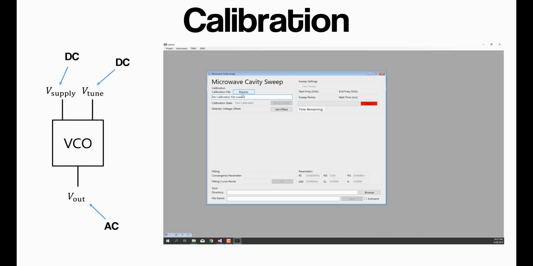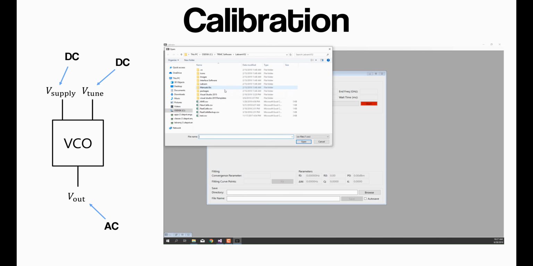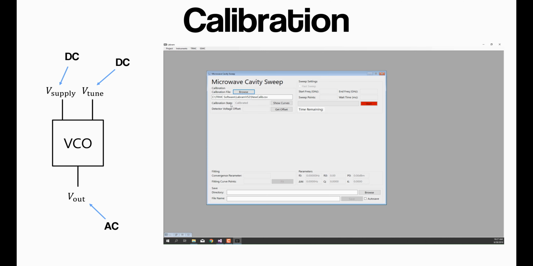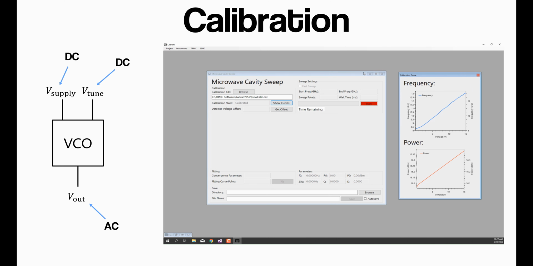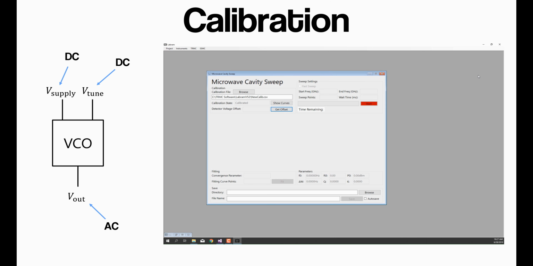So typically the relationship is roughly linear between the tuning voltage and the output microwave frequency, but this is something which would have to be calibrated. And typically it's done with something called a vector network analyzer, where you put the output into this VNA, that's what it's called, and you'll measure the frequency as a function of input voltage.